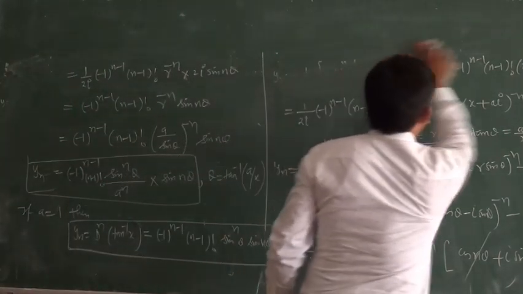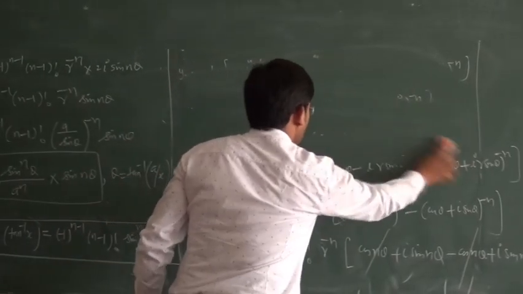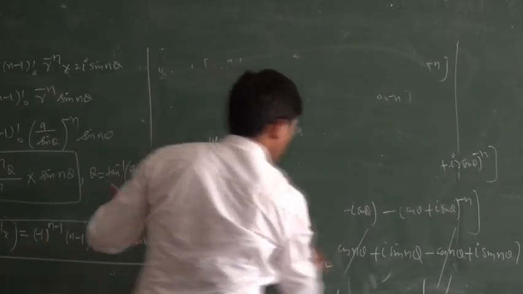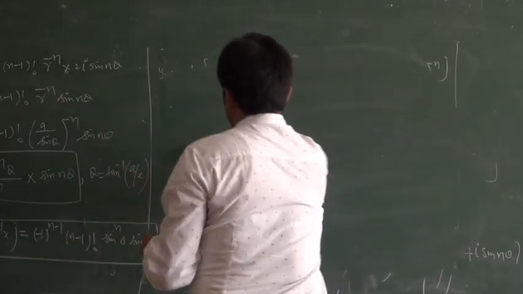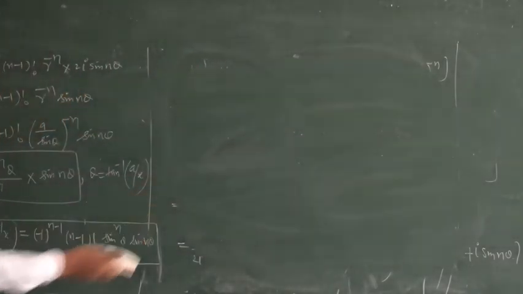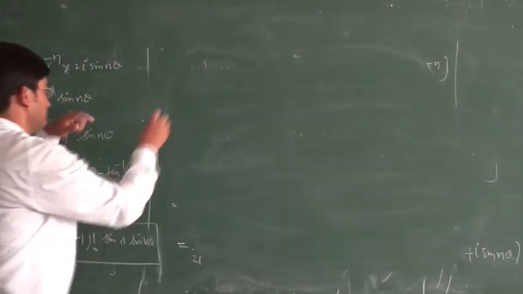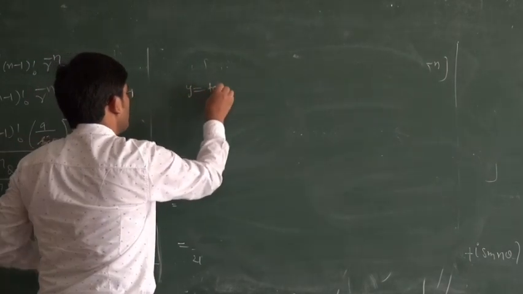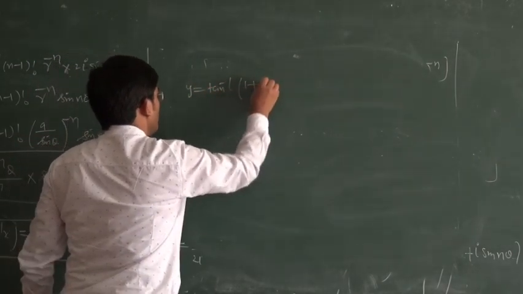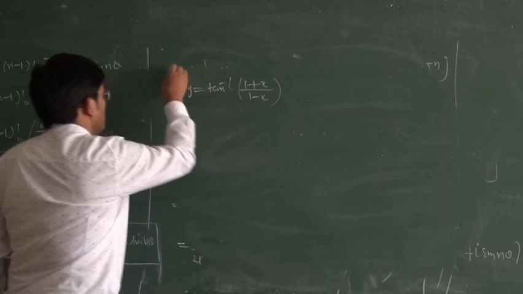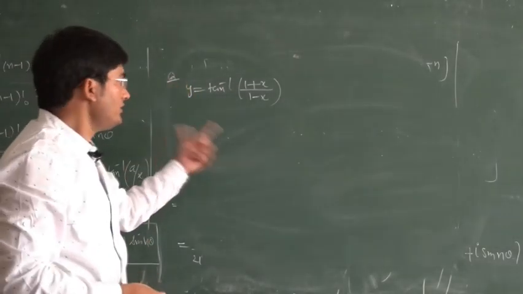Okay. Now the last question, let us simplify one more question based on this question. Say y equal to tan inverse (1 plus x) upon (1 minus x). I think this was our 7th part.